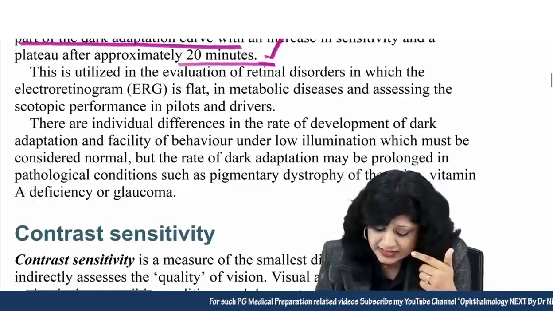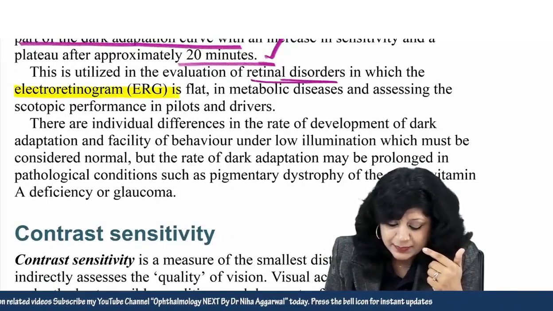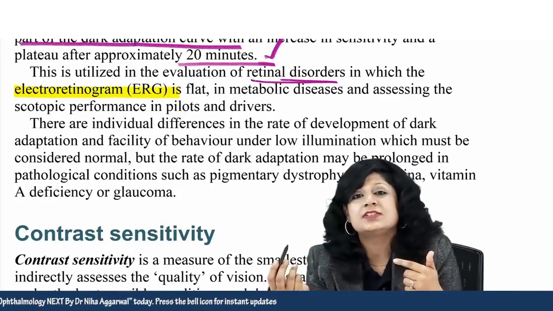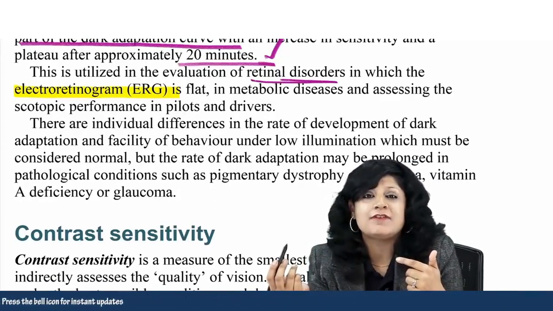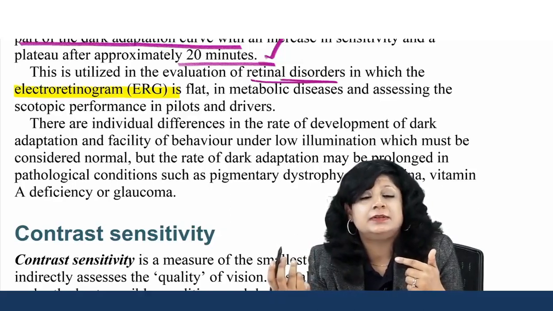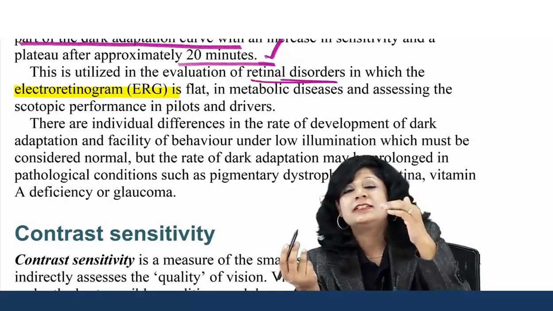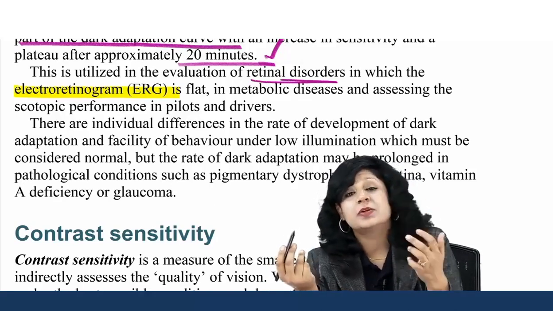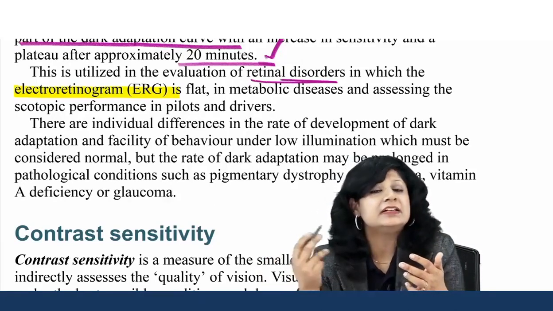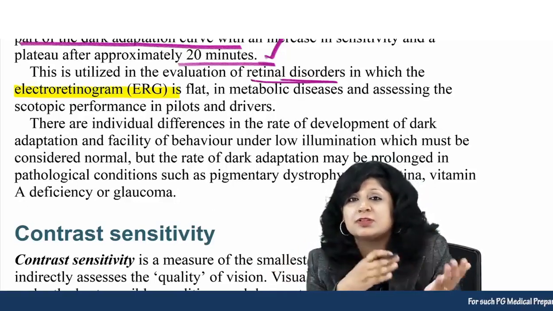This is utilized in the evaluation of retinal disorders, and this is the principle we use in cases of ERG, electroretinography. We use this, for example, when recording retinitis pigmentosa, because in all those disorders where rods and cones are both affected, as in retinitis pigmentosa, rods are affected much more than the cones.